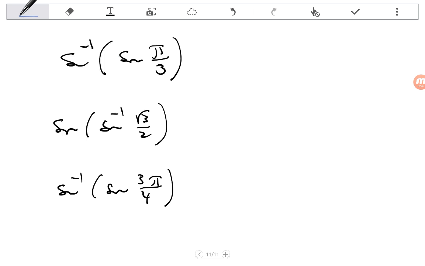Now we don't have a calculator in the exam, so we need to find the values of these. We have checked, we remember the rules, we checked just 10 minutes ago.